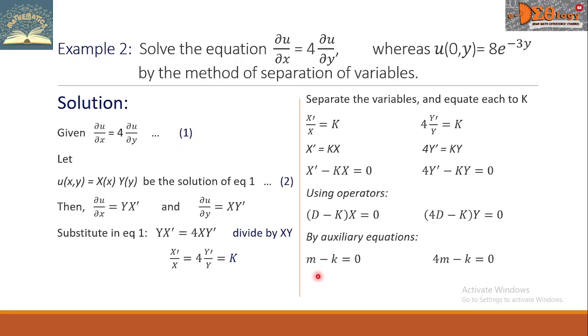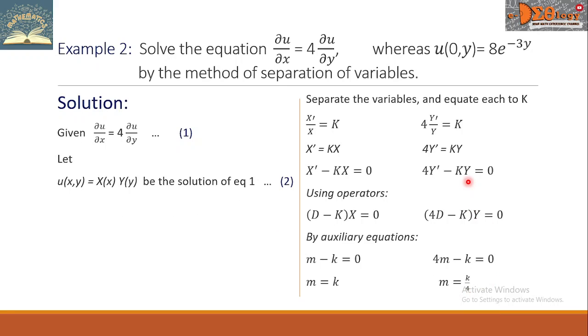Solving for m, in here the m is equal to k, in here the m is equal to k over 4. Take note again that this k value here is for the x variable, and the k over 4 value here for m is for the y variable.